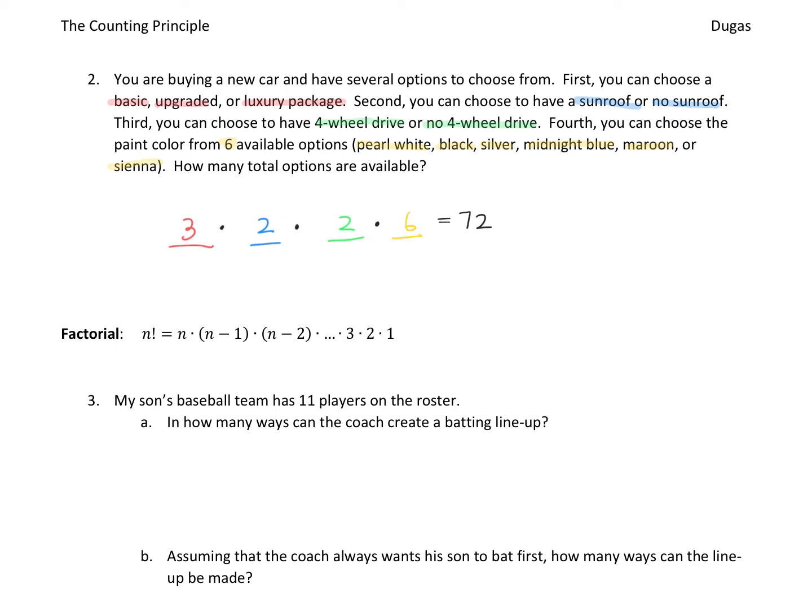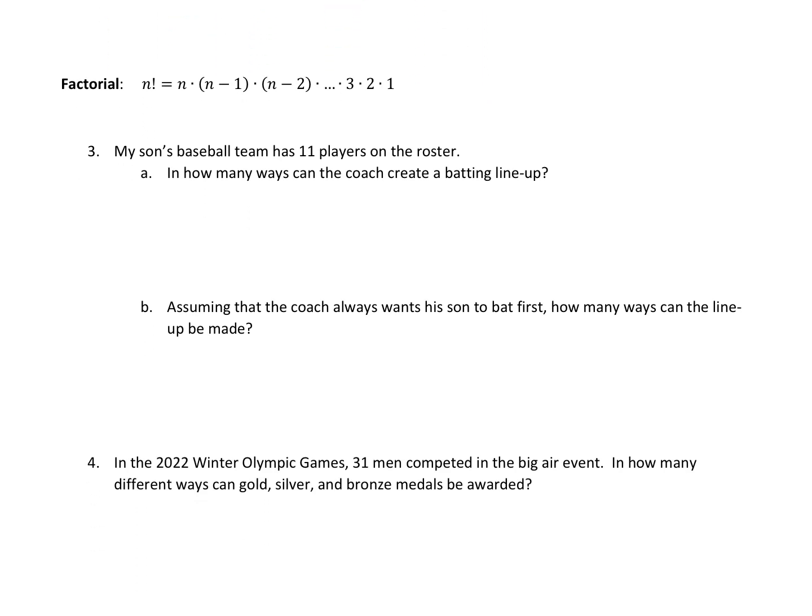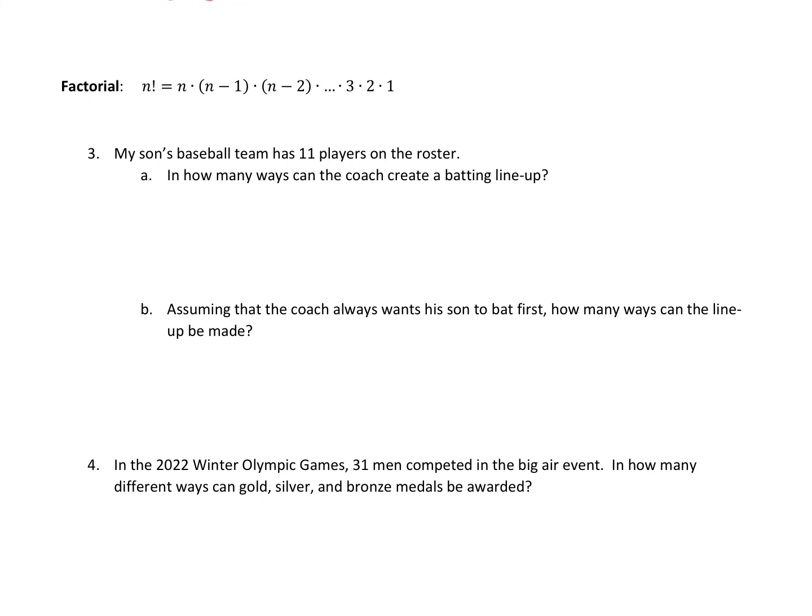The next thing we want to talk about is factorial. So a factorial is a way to write multiplication when you're multiplying consecutive integers. So for example, I know it doesn't make as much sense when you have the variable, but let me just show you an example with numbers. Let's say I had 5 factorial.